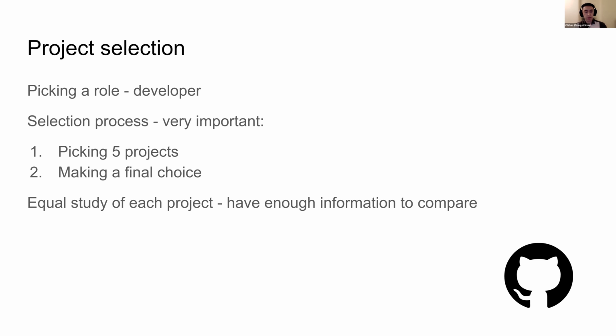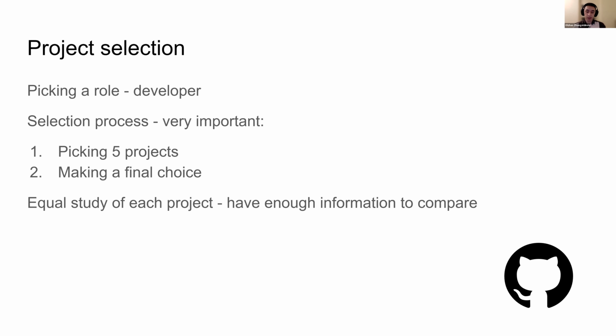I think the selection process was a very important part of the course because picking a wrong project could lead to many problems that a student can experience during the contribution process and during the writing of these reports.